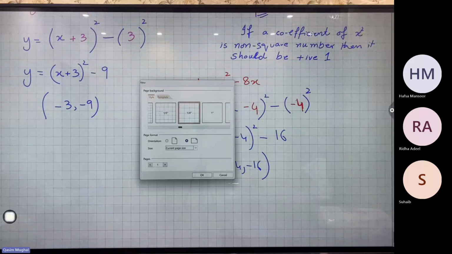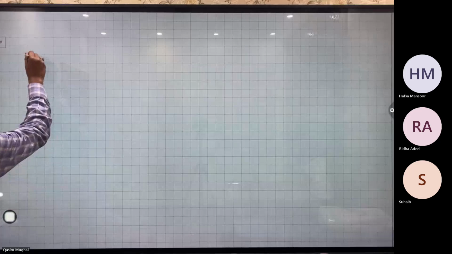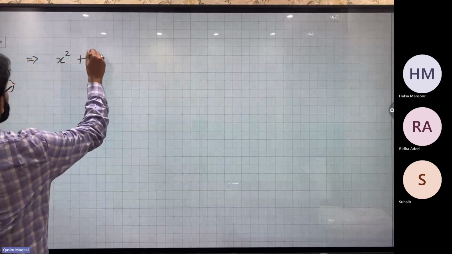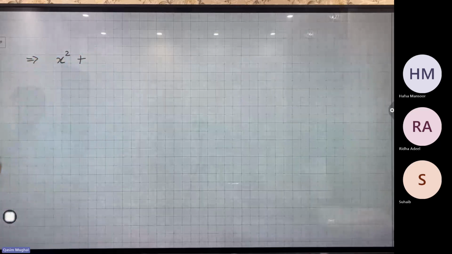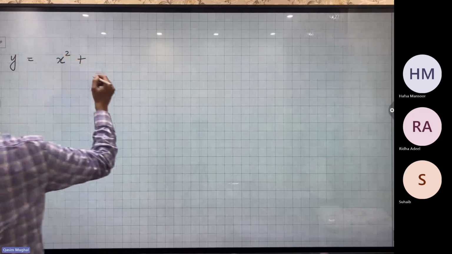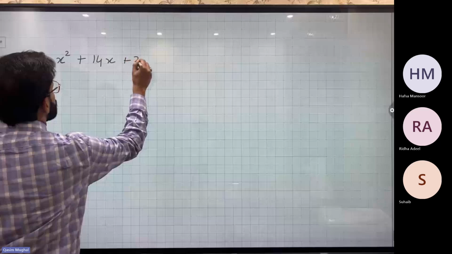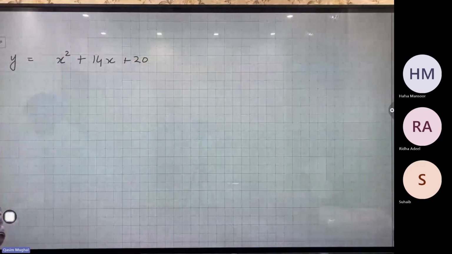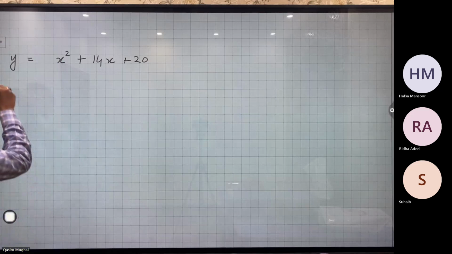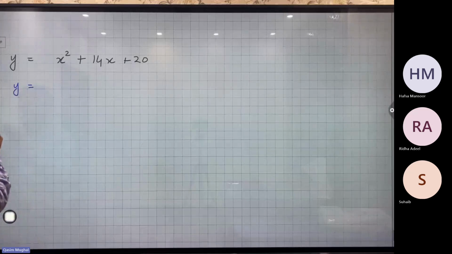Okay, so I'm going to increase the difficulty level gradually. y equals x squared plus 14x plus 20. Now I'm going to convert this into a completed square format. So y equals, the process stays the same.